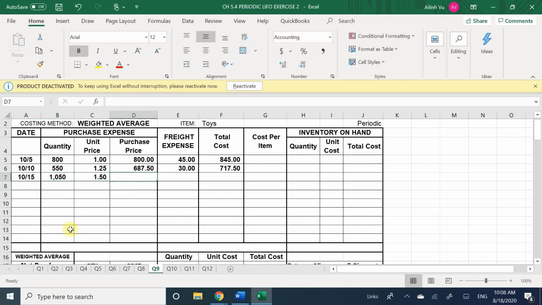So what is my total? $1,575, and my freight was $50. So what's my total here? $1,625.